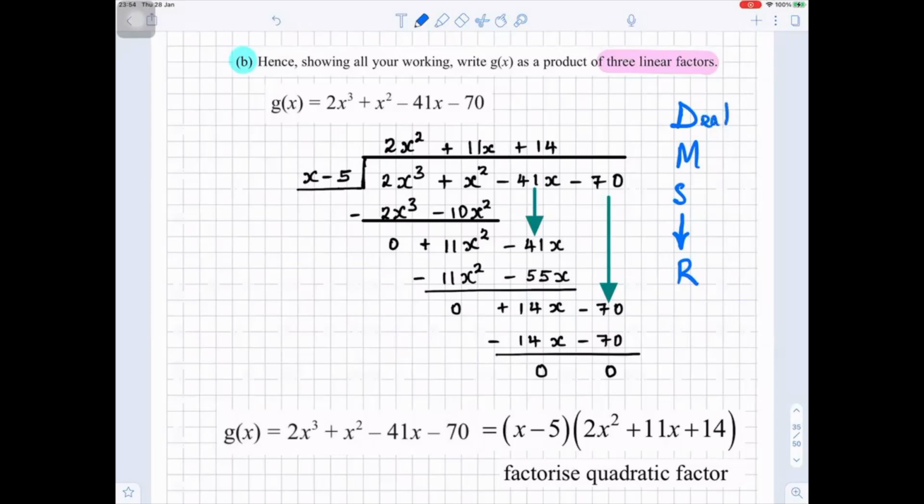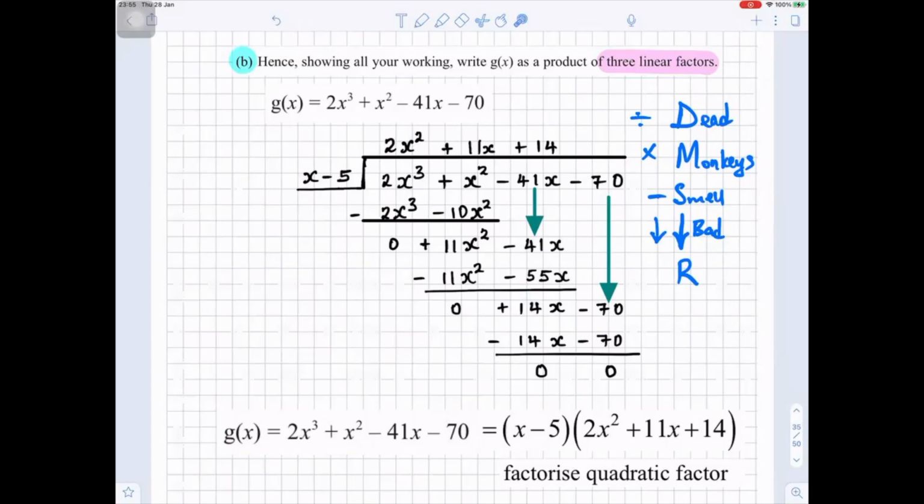Dead monkeys smell bad. That's how you remember it. Divide, multiply, subtract, bring down, and repeat.